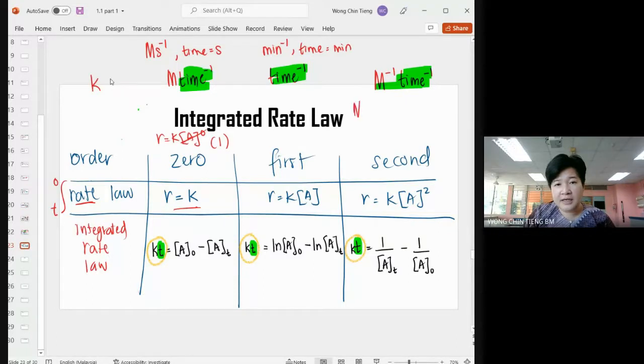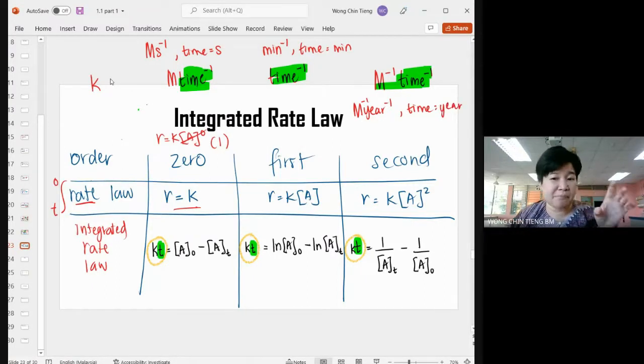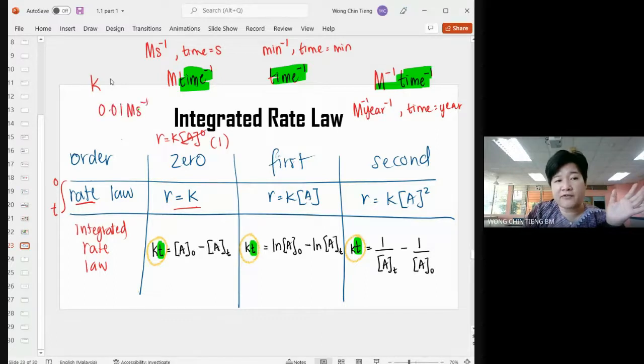Kalau kat sini adalah molar year negative 1, then your time mesti kena dalam year. Benda ni adalah tempat yang kita akan main. The unit of time is the place that we will change your life. Sebab saya boleh bermula dengan 0.01 ms negative 1 for K value. Tapi saya bagi tahu masa adalah 2.7 minute. See the difference?